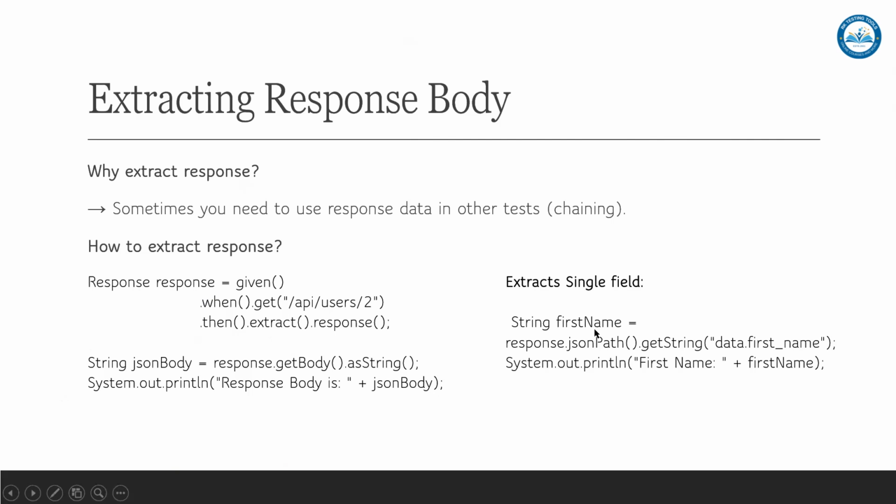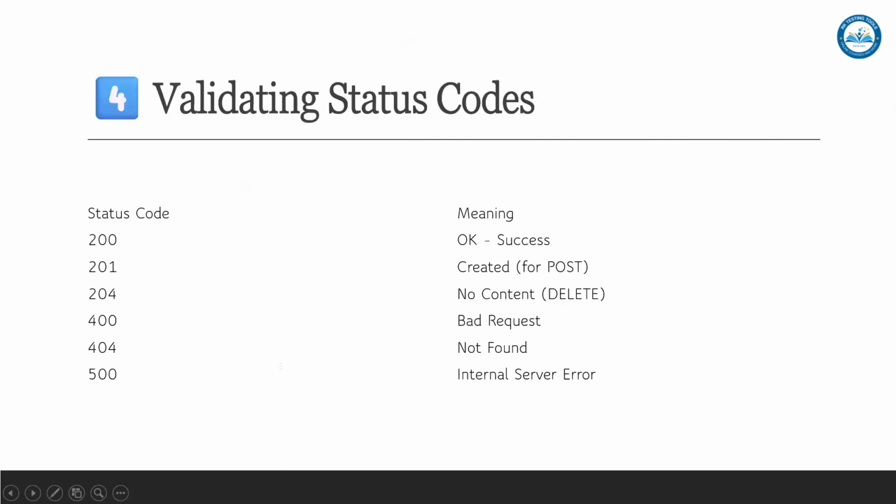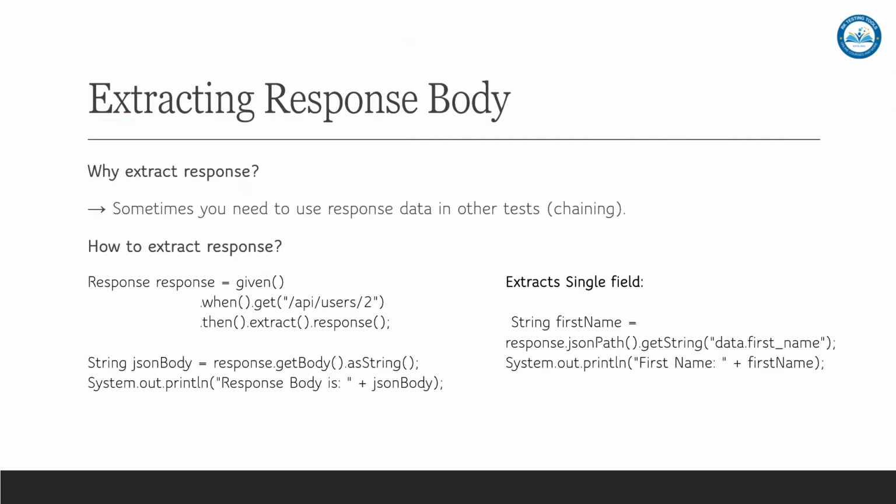And string first name is equal to response dot JSON path dot get string of, this is the JSON path, data dot first name. This is extracting a single field, and this is the whole body. The whole body is the response body, and this is a particular field you want to verify. So we'll see this practically.